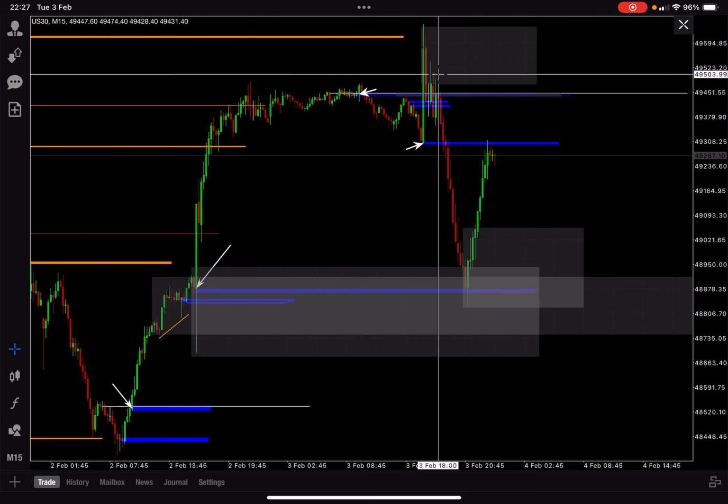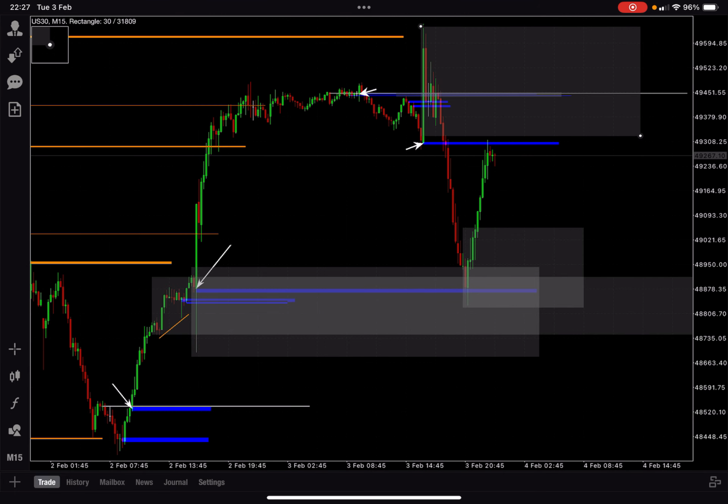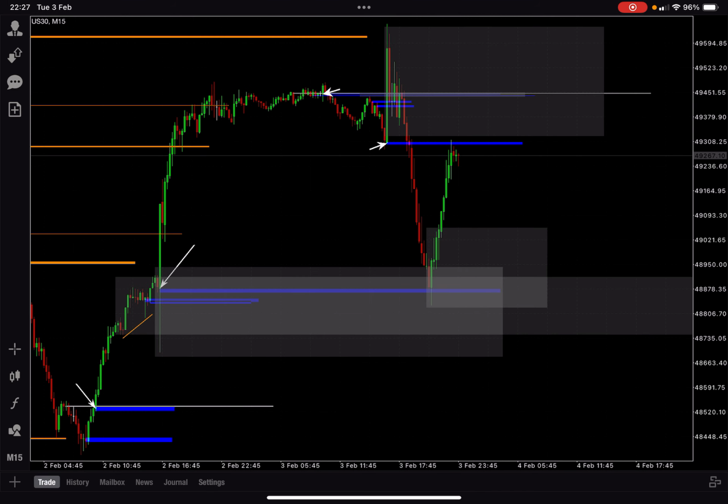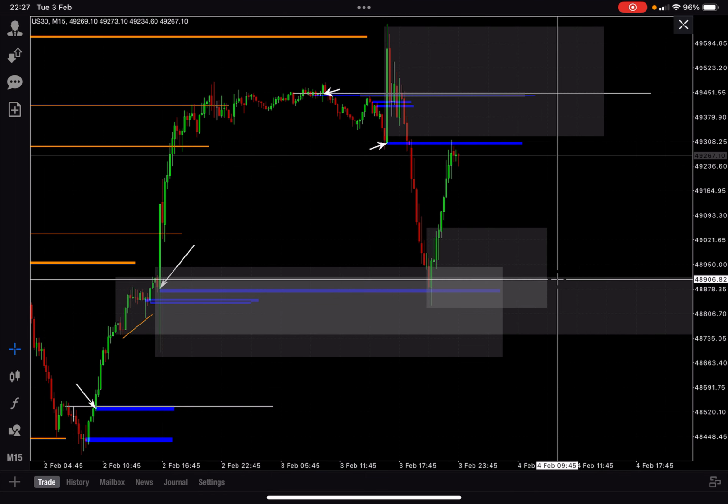All we have is 1 discount buy area from up here. We could even pull it down a bit further because it's quite a big area. So now you have a consolidation between these 2 areas. So going into tomorrow, price will move into one of these areas, then you will get a reaction, and that will tell you what price is doing next by how price reacts within that area.